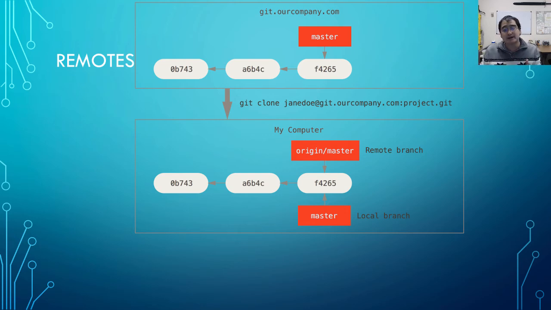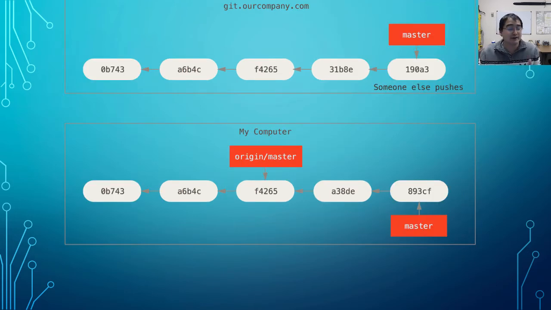All right, so let's imagine that we want to actually do some work in our repository. So we've made more commits and advanced our master branch so that it looks like this. However, if at the same time somebody has also made changes to the repository that we cloned from, the top repository will have changed as well.